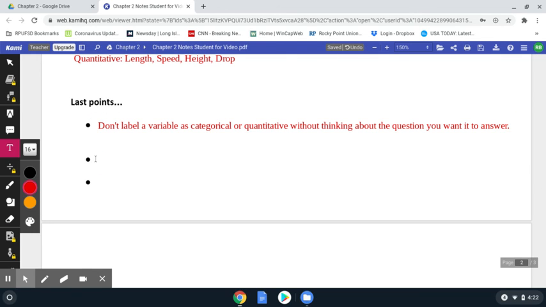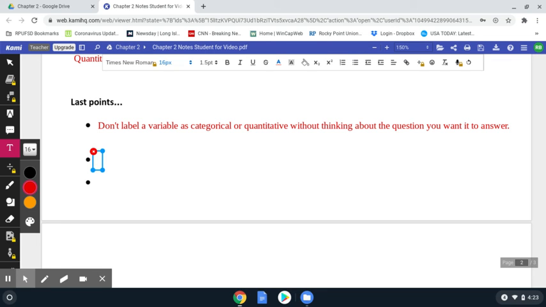Our second point, and this is something that's a very easy trap to fall into. This is why I like to sort of leave you with these points at the end. If you have a variable that consists of numbers, don't assume it's quantitative. It could be categorical. Okay? It's not always quantitative because it's a number.